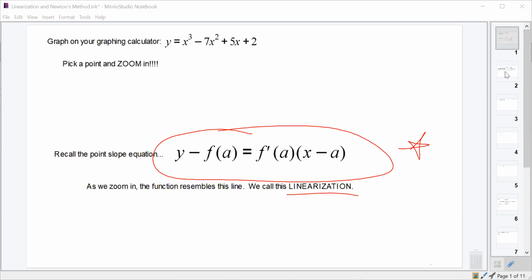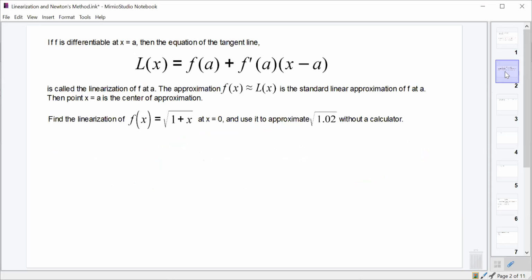Okay? Because on a very small scale, it's basically the same. So if we just add the f of a over, we end up with this formula right here. The linearization, and we call that capital L of x, is equal to f of a plus f prime of a times x minus a.